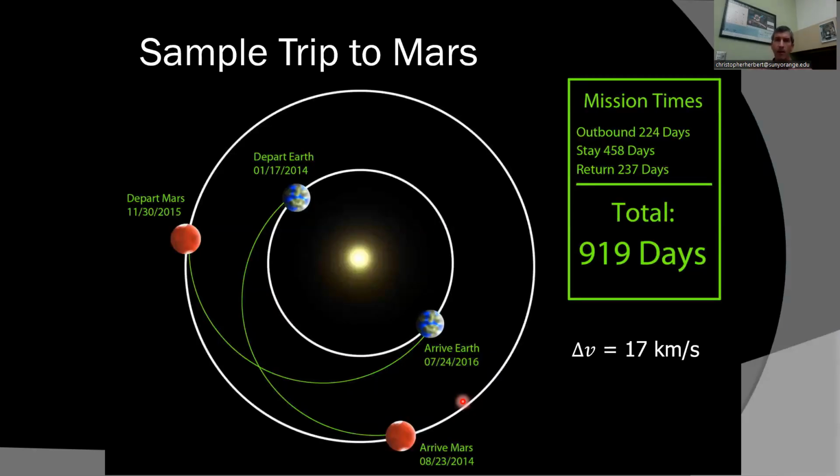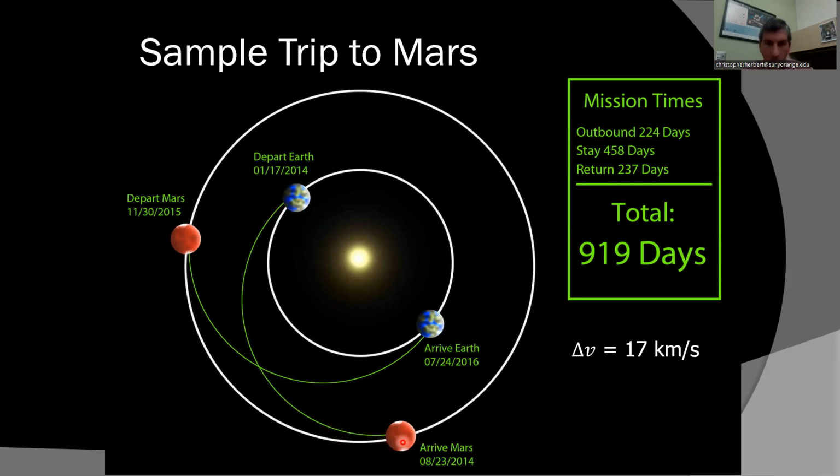Now, using this type of transfer to get to Mars, we see that this creates quite a problem for us. Let's say that we have a spacecraft and we want it to depart from the Earth, and we do this transfer to Mars. In this case, it would take us a few months to get to Mars, okay? Not so bad, right?